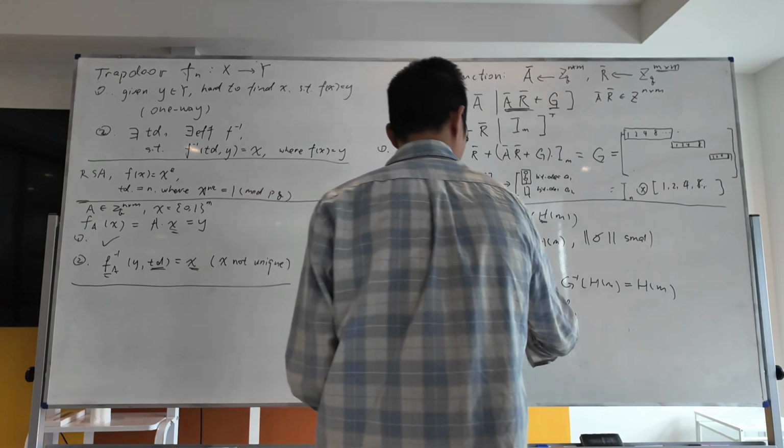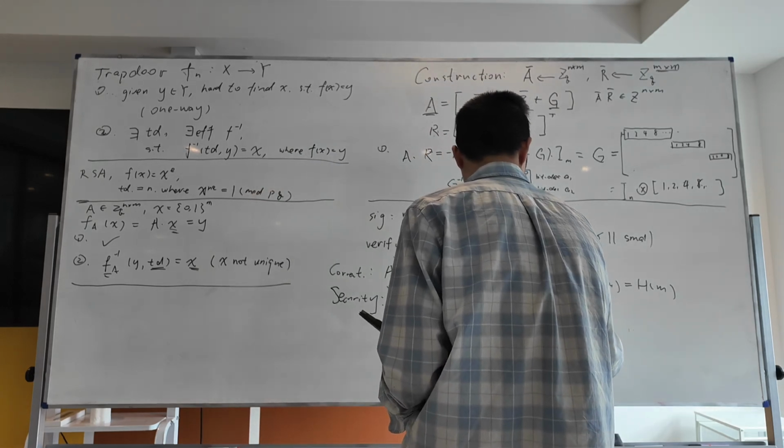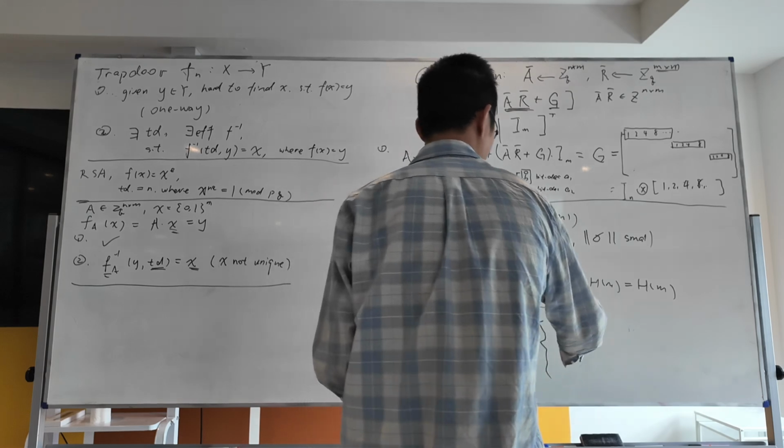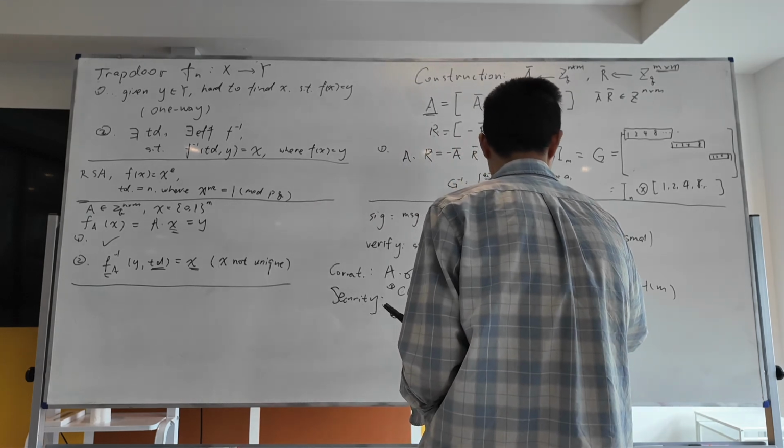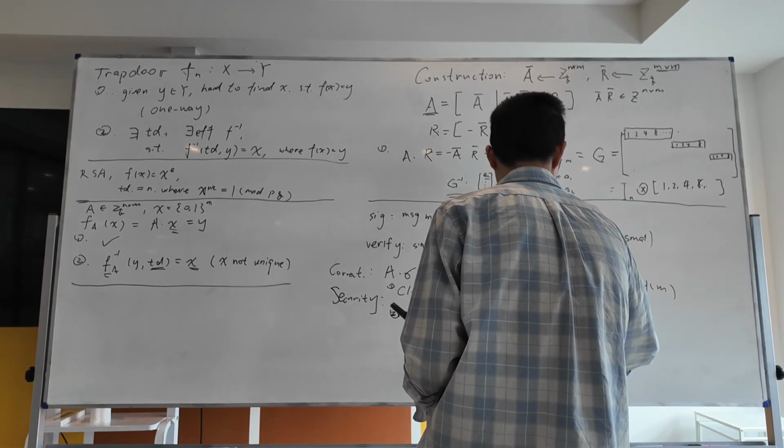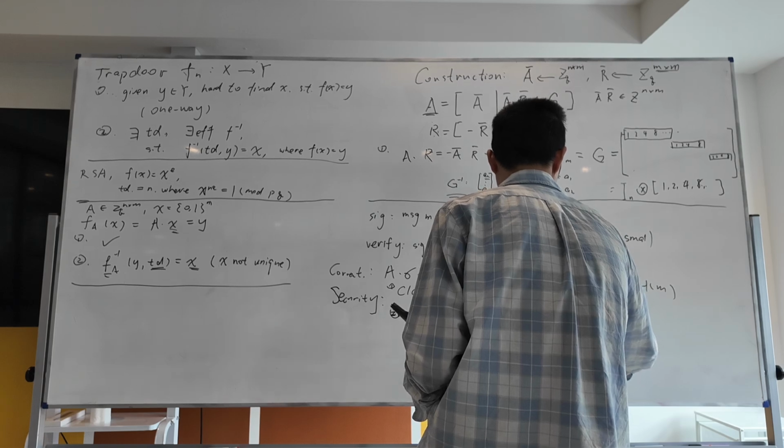So he actually has a system of linear equations where the signature equals R times something public.